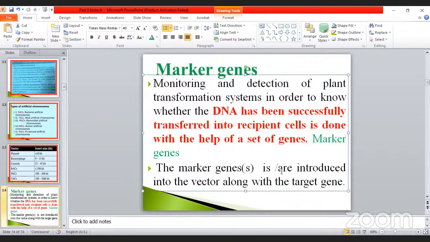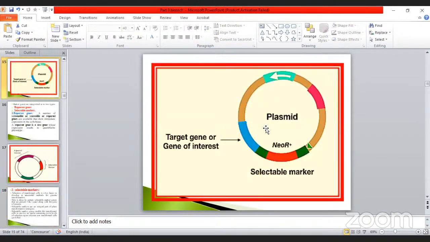The marker gene is introduced into a vector along with the target gene. So this is the marker gene. See, this is considered as a plasmid. This plasmid contains various gene sequences. Different colors have been shown here, particularly a light blue color in this part.